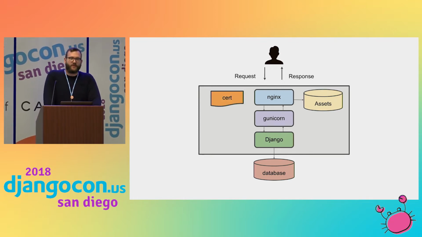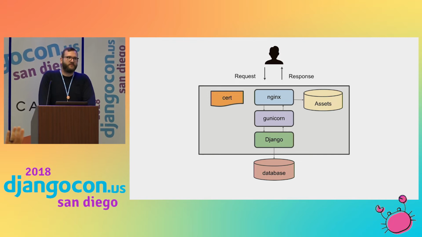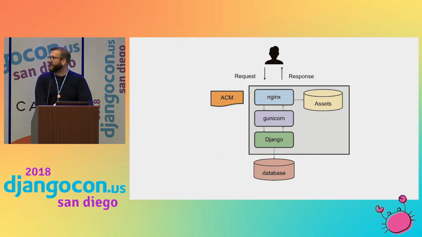How many of you are familiar with Let's Encrypt? Great, that's like half of you or so. It essentially lets you much more easily set up a cert and serve your website over HTTPS to the world. And Amazon also has an answer to this called Amazon Certificate Manager.